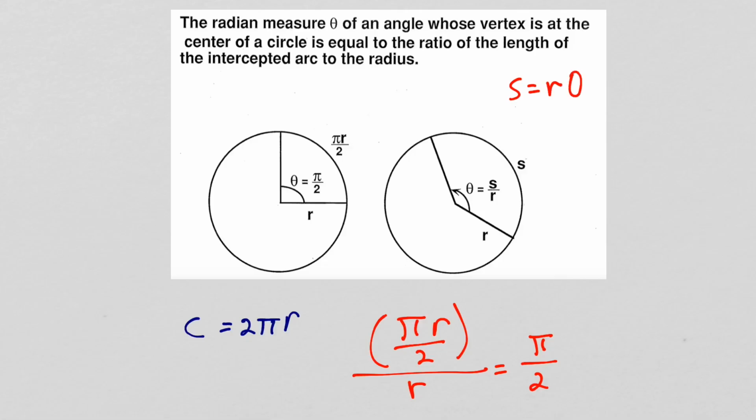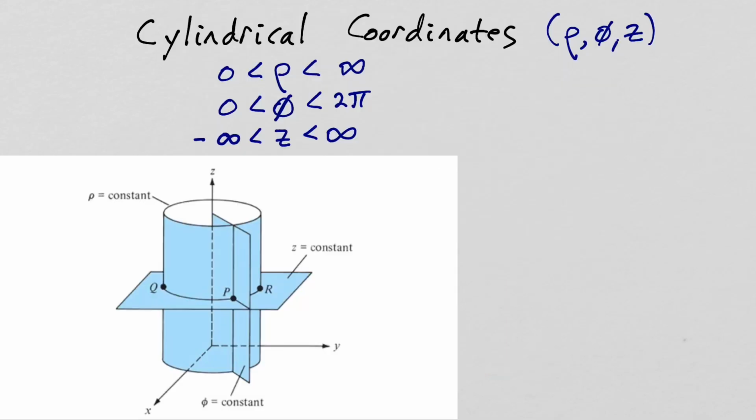Going back to our 3 coordinates for cylindrical coordinates, the first one, rho, defines a cylinder. Rho is the radius of that cylinder. The cylinder is centered on the z-axis and it's infinite in length in the z direction. So if I say rho is equal to 5 meters, we're defining a cylinder like this one.